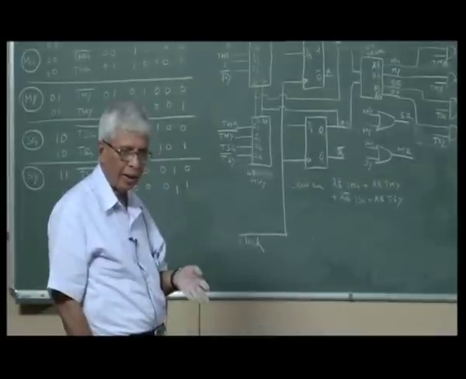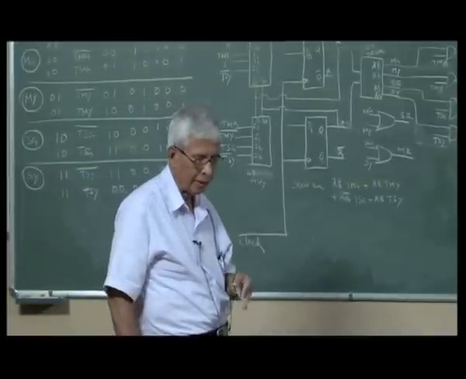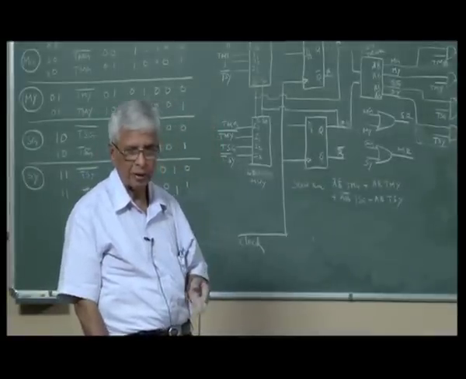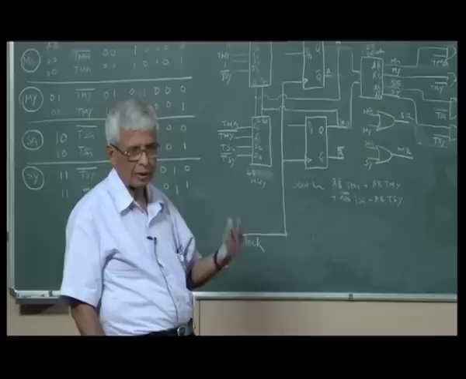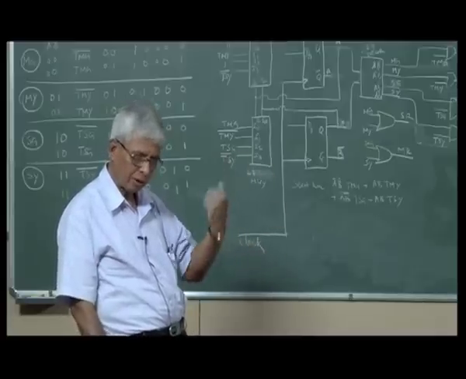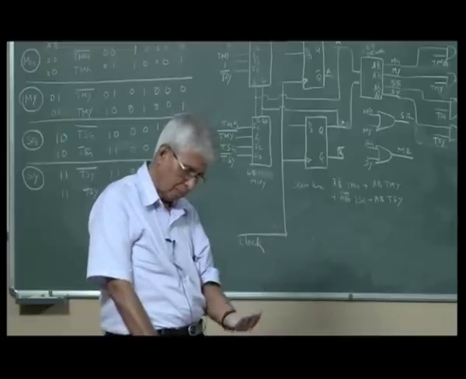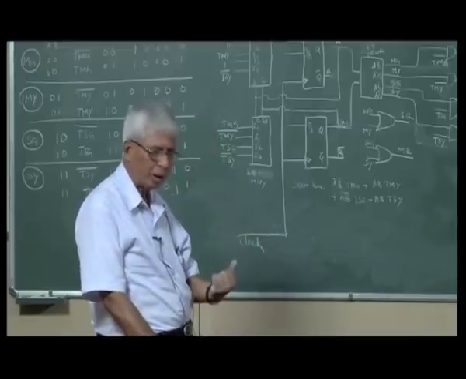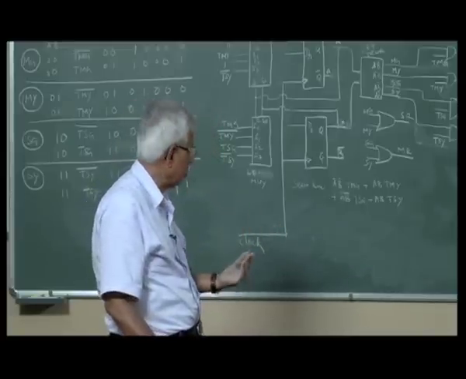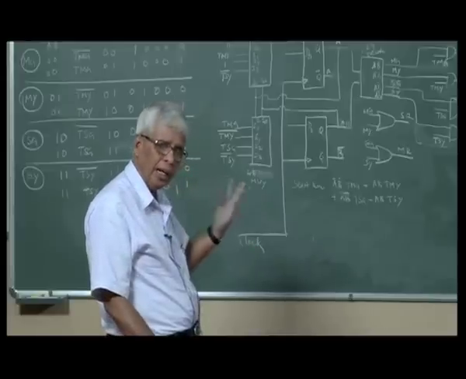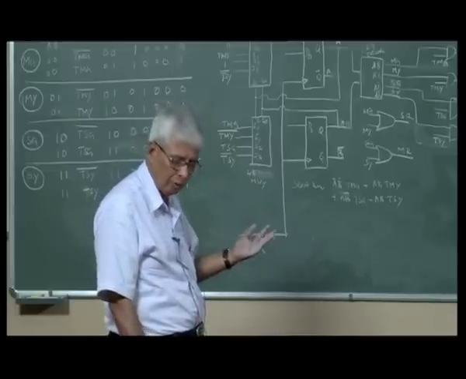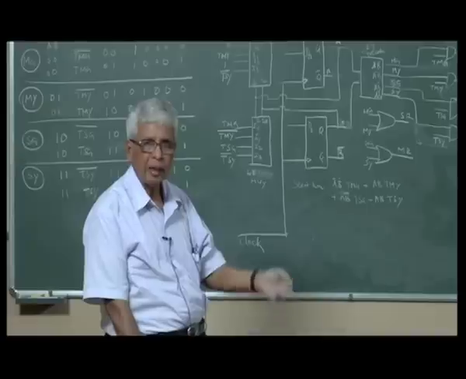But the controller cannot independently keep giving commands unless it knows where the system is, what is the next step. So it gets back what is known as the status signal. The status signal is obtained from the data path into the controller. The controller gives the outputs in terms of commands to the data path.